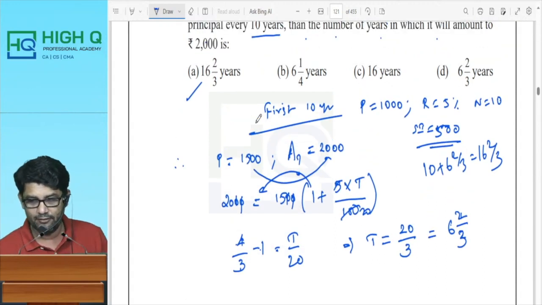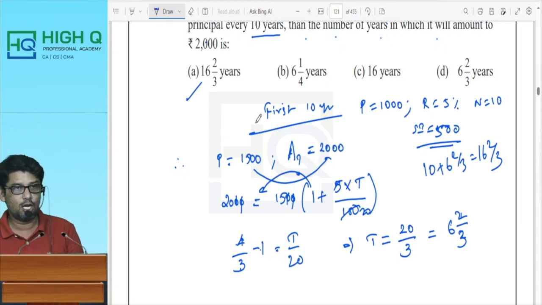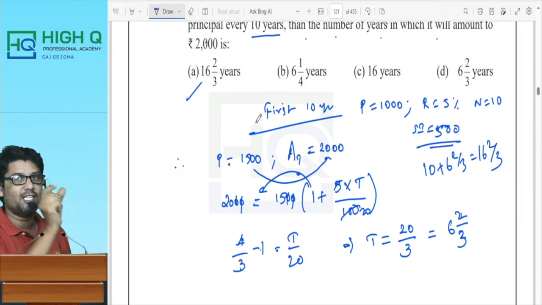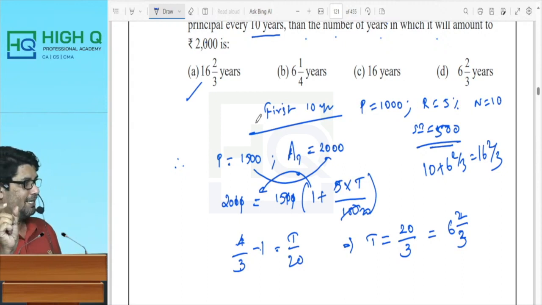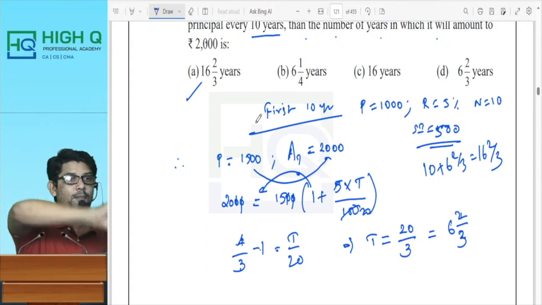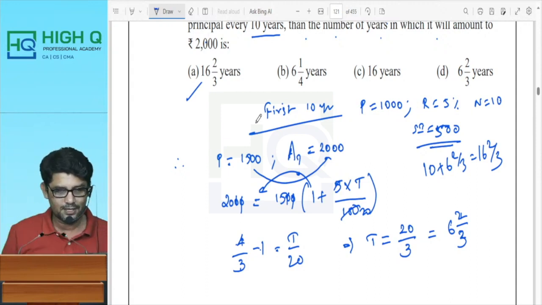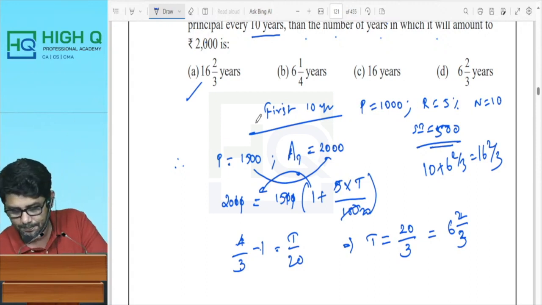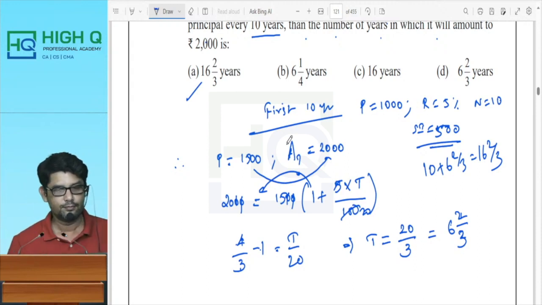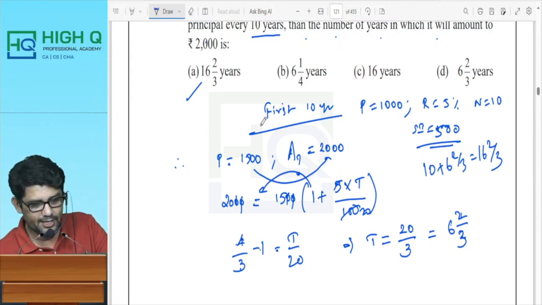The answer is 16 2 by 3 years, not 6 2 by 3 years. I think people are giving me answer D. Option D is wrong, my dear. Option D is 6 2 by 3, where 1500 is becoming 2000 in 6 2 by 3 years. But the question is how long 1000 takes to become 2000 rupees. So A is the right answer. D is the wrong answer, my dear.